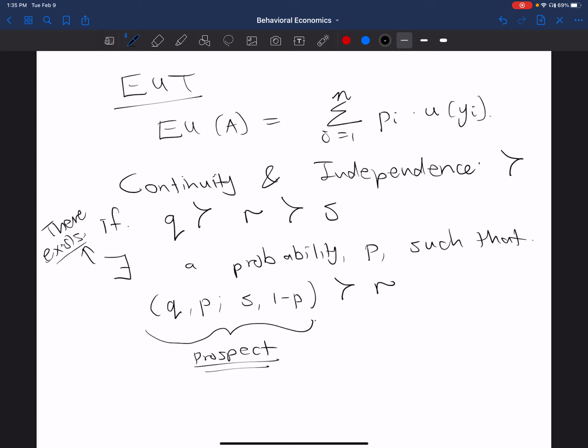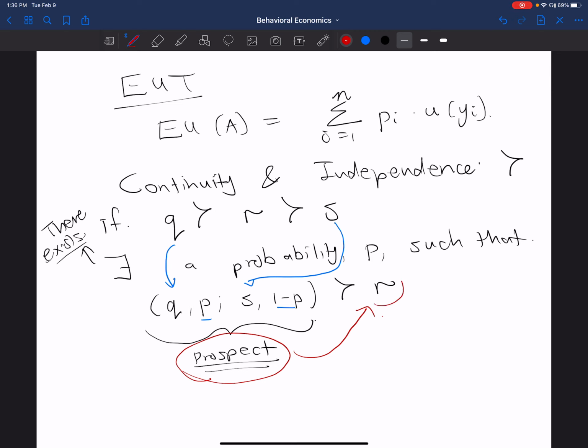Okay, so what's going on here? We're saying a prospect that combines Q and S with their probabilities P and 1 minus P. We can find the probability P in combining those outcomes such that the prospect is preferred to the certain R. Okay, that's what it means to have continuity.